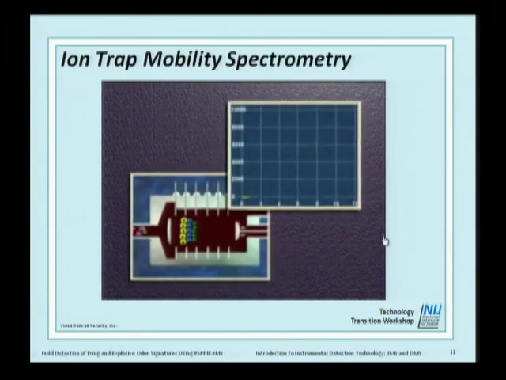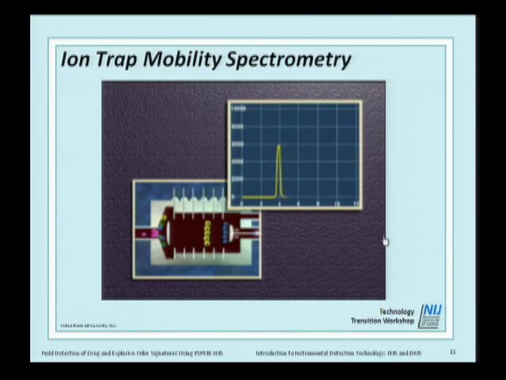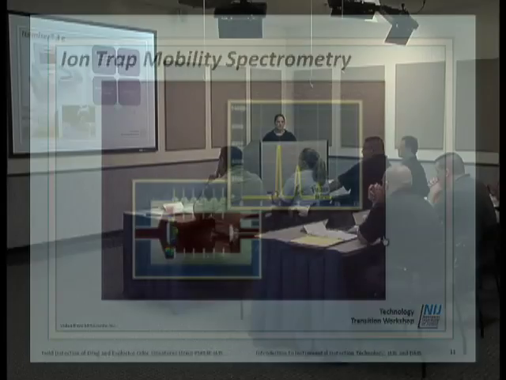The current generated by the ions creates peaks that are displayed as a plasmagram. By measuring the time of flight of the ions, substances may be identified. This process allows detection of targeted contraband substances with high sensitivity and selectivity.